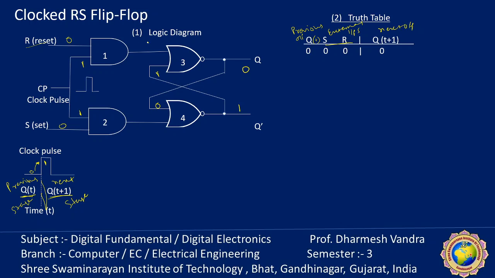In a NOR gate, if any one input is 1, the output is 0. So 0, 1, the output is 0. And this 0 is applied here. The 0, 0 output is 1. So we can say the Qt plus 1 is 0.